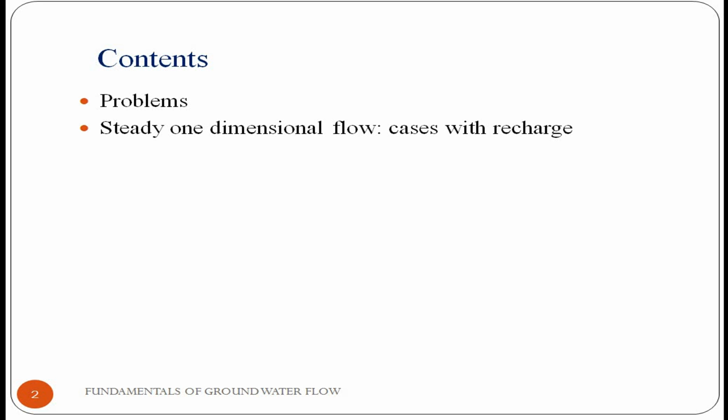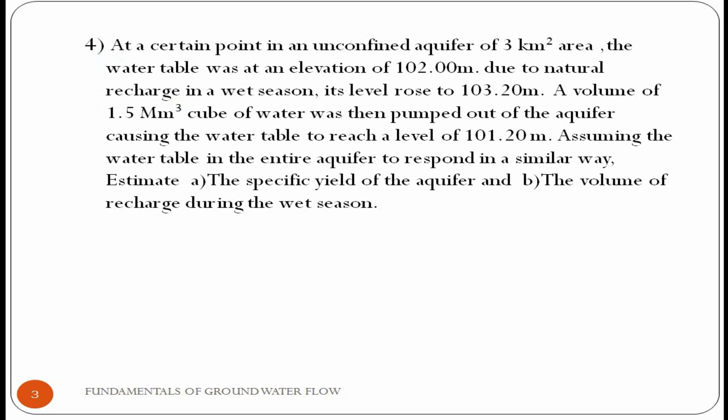So in this session, we'll solve one problem and cover the steady one-dimensional flow case with recharge. In this problem, at a certain point in an unconfined aquifer of 3 km square area, the water table was at an elevation of 102 meter.